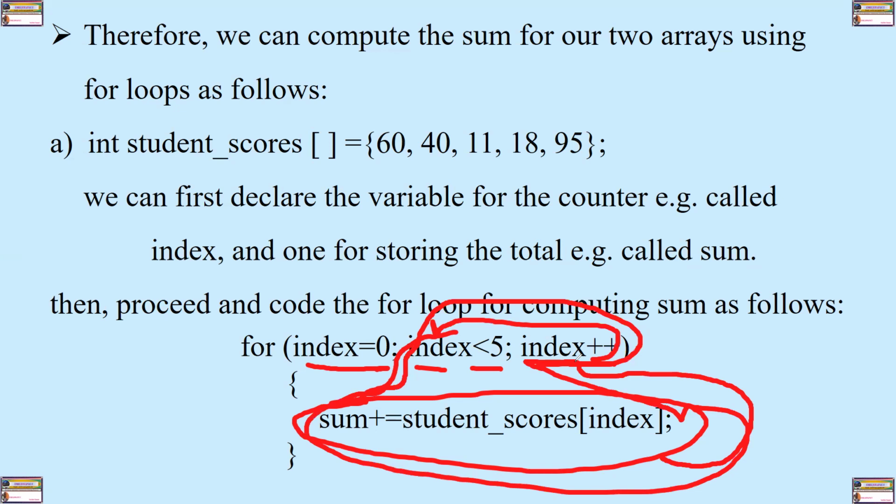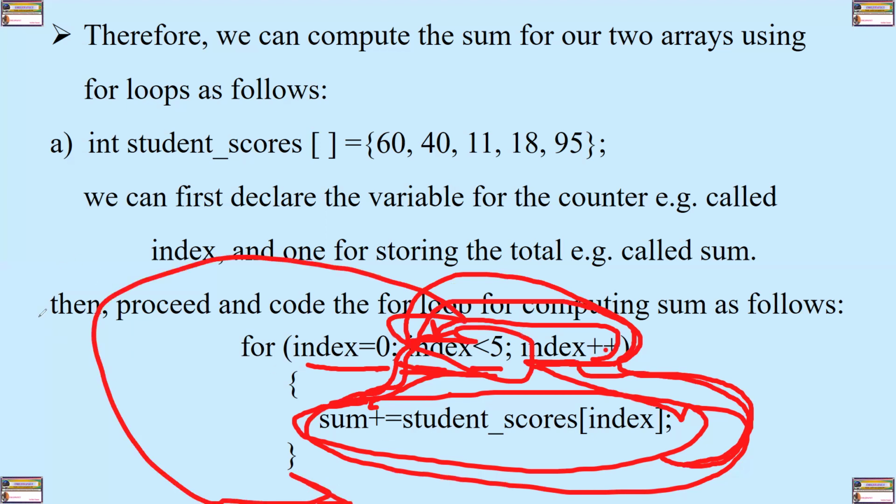So if it was 2 and 1, that becomes 3. Find out, is 3 less than 5? Yes, proceed. Increment 3 with 1, that is 4. Is 4 less than 5? Yes, repeat the operation. Increment the counter with 1. 4 plus 1 is 5. Is 5 less than 5? No. Exit.